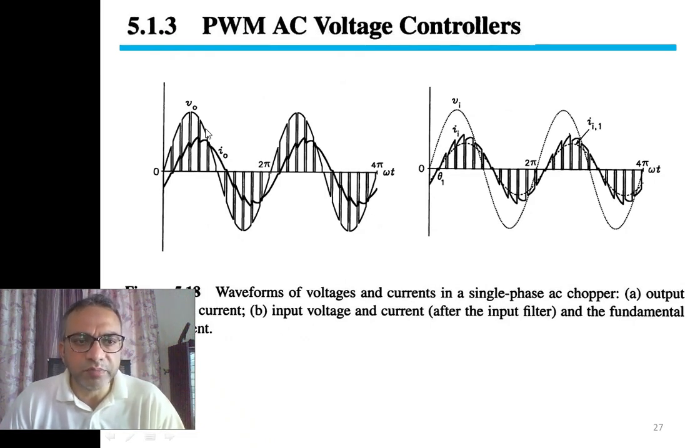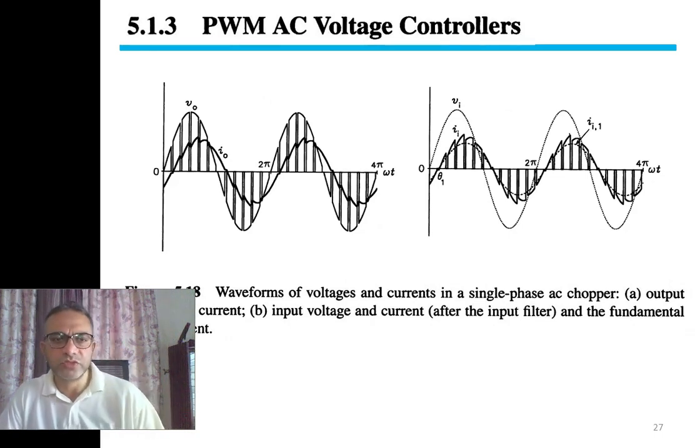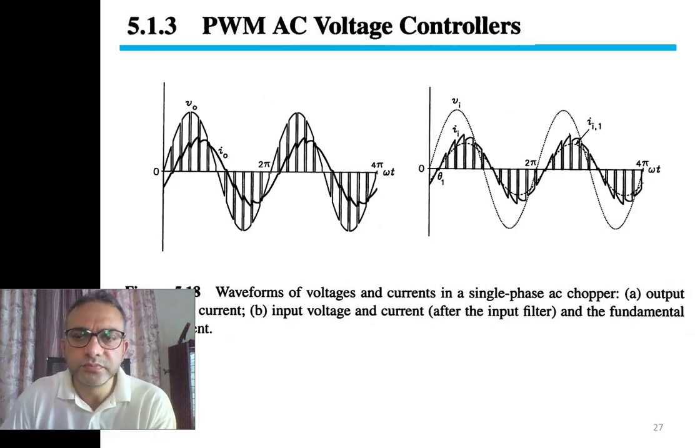Output voltage depends on the duty cycle. We can see that except for the input voltage, the output voltage, the output current, and the input current all have a PWM AC waveform, and the input current has to pass through a filter. Next, now we come to the next slide.